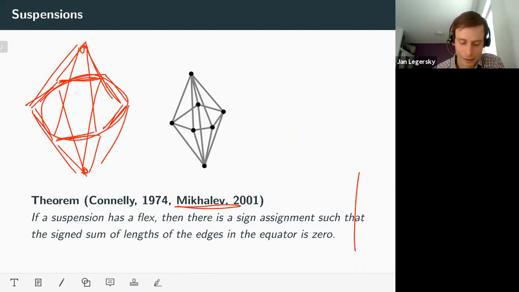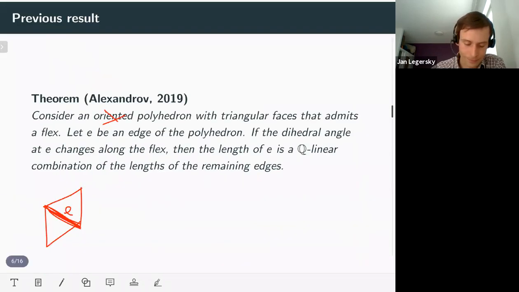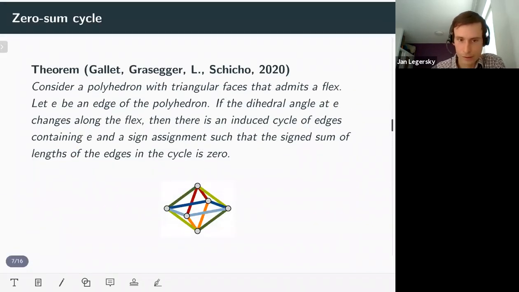And actually, Bob Connelly showed that there might be even stricter conditions, where we don't sum over the whole cycle, but there is some partition, and we sum up over the edges only in each part of this partition, and we get a zero sum, which is something that we could see for the symmetric case of the Bricard octahedron. But in our case, we construct a cycle, and we prove the existence of the signs, so that we get a zero-sum cycle.